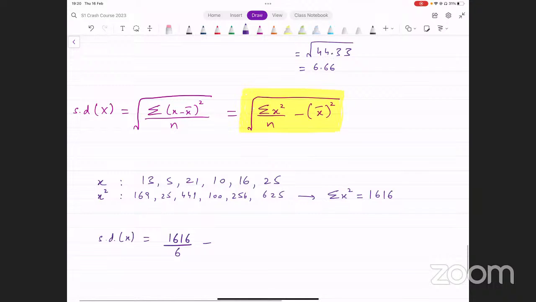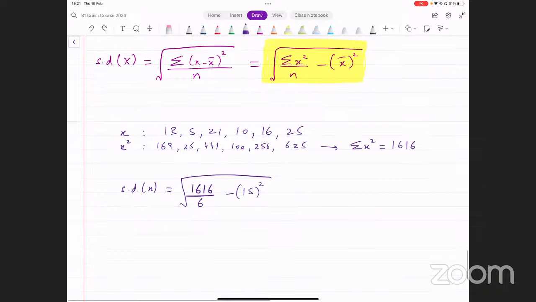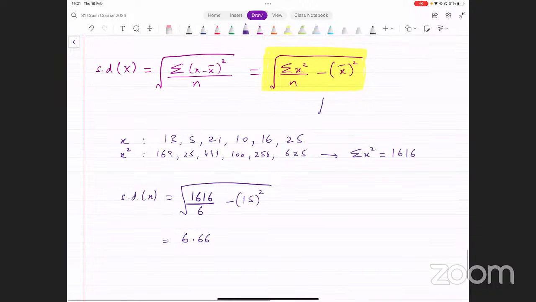We found that earlier. Square that mean, and then take the square root of this whole thing using the second formula. This is much quicker than the previous one, and it gives you the same result as well, which is 6.66. So you will find yourself using the second formula a lot more. Why? Because it is much easier to use.